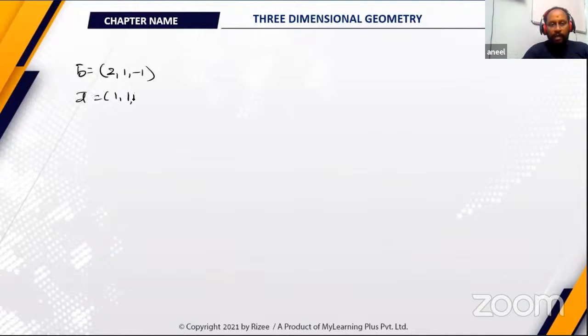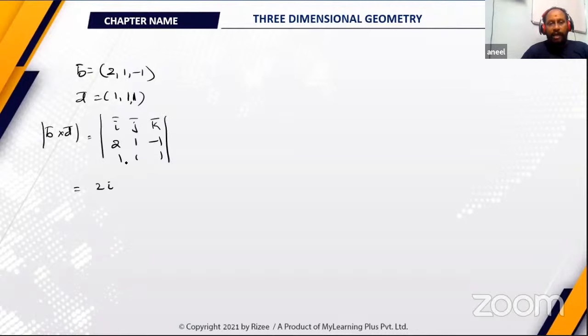Now I need to find the modulus of b cross d. You know how to find the cross product. It is i bar, j bar, k bar; 2, 1, minus 1; 1, 1, 1. That's nothing but 1 plus 1, 2 i bar, and 2 plus 1, 3 j bar with a minus, and 2 minus 1, 1 k bar, under modulus. This gives me the square root of 4 plus 9 plus 1, which is root 14.